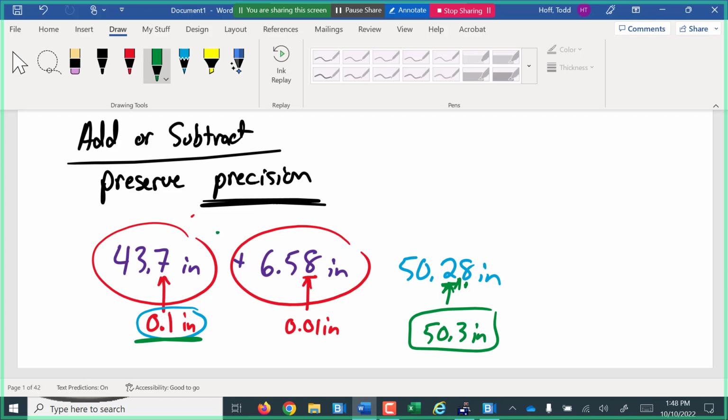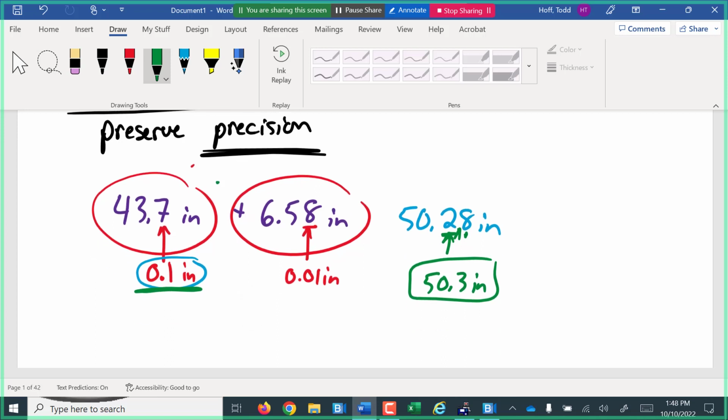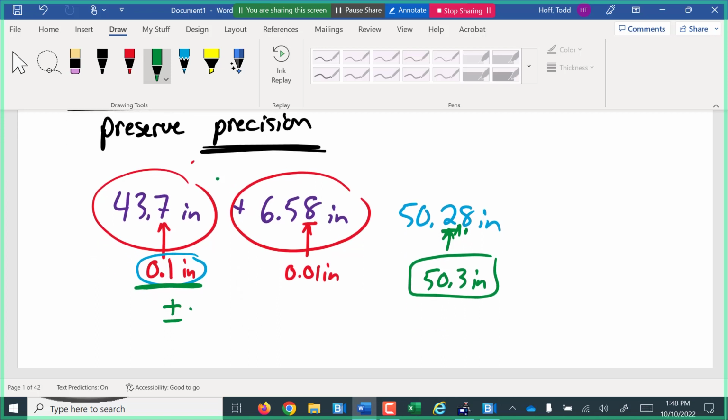Now you might be wondering, how does rounding that measurement make it more accurate or more precise? Well, it doesn't. We lost information by rounding that measurement. But the reason we had to round is because this measurement is only precise to the nearest tenth. It has an error of plus or minus 0.05 of an inch.